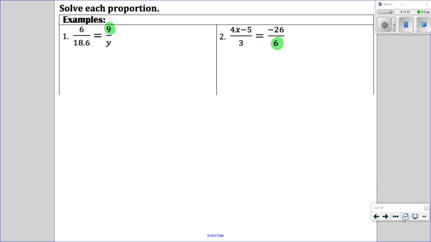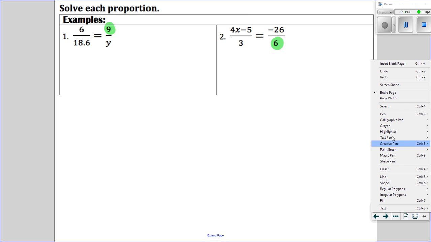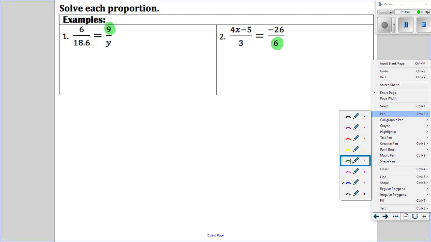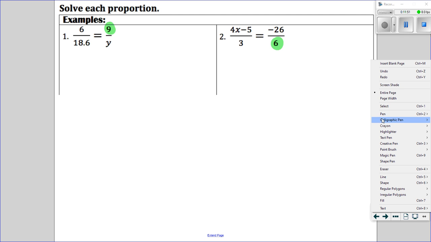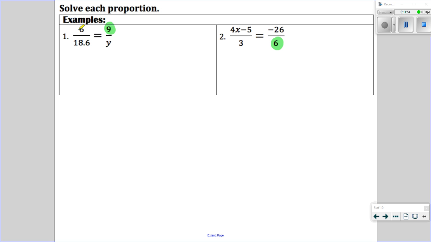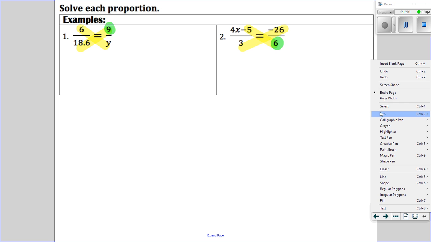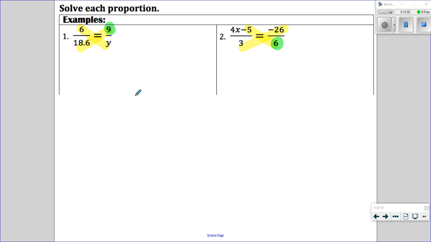Okay, and then there's other questions where you have to find the variable based on how they set up the proportion. So for this one, let me highlight it. Anytime you see this setup, you know you're going to cross multiply. You've done cross multiplying before, so this shouldn't be anything new for you. Basically, you're just solving for the missing variable.